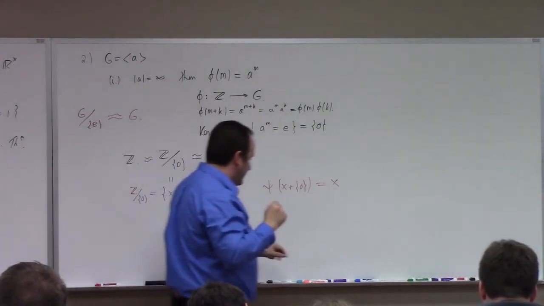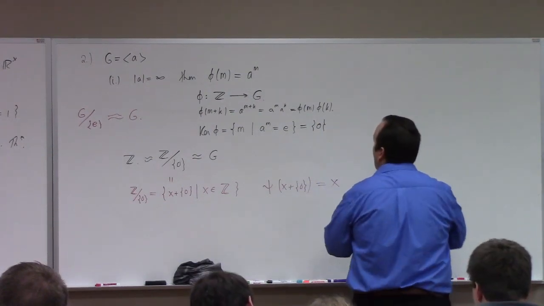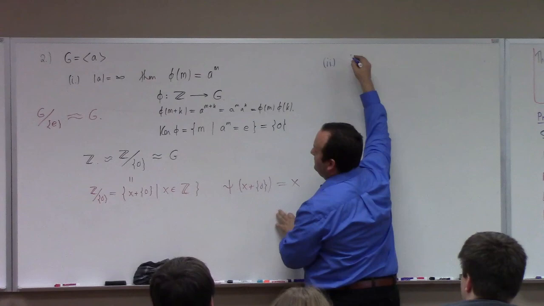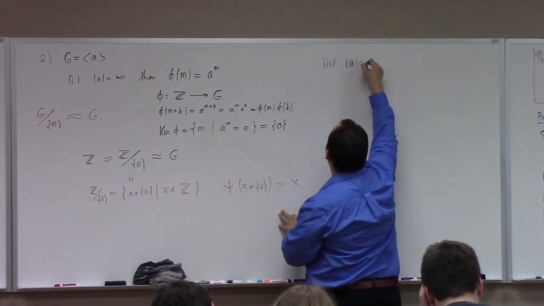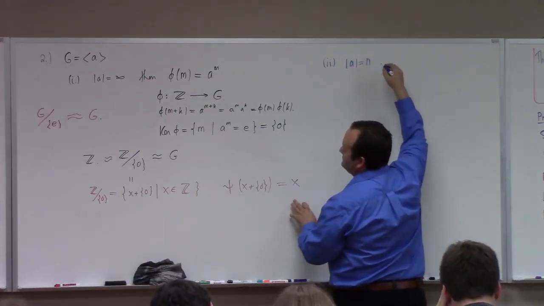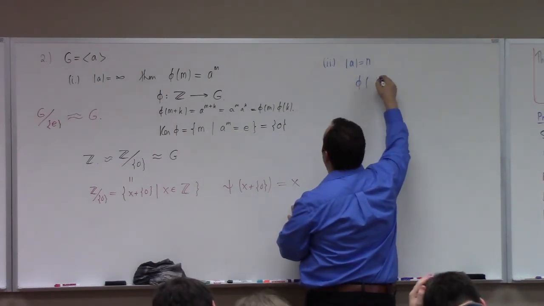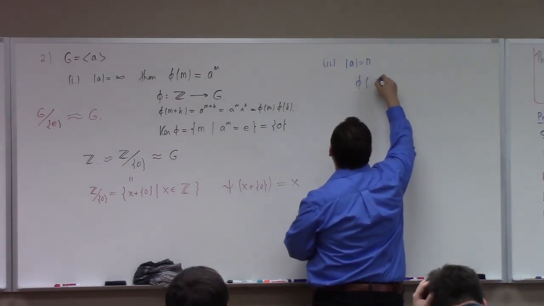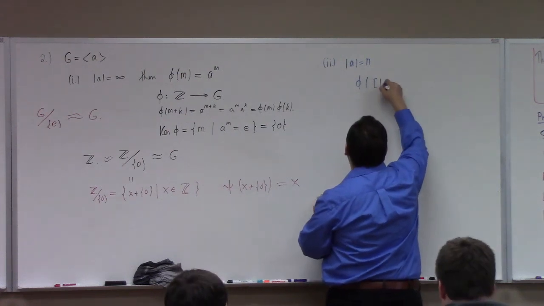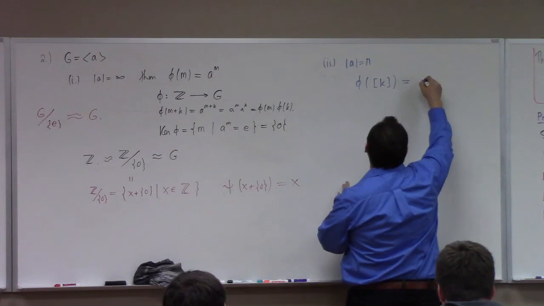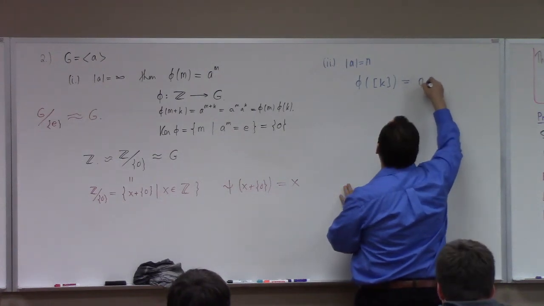Now, what's the other case here for cyclic groups? The other case would be that the order of a is equal to, say, n, right? And so we could say phi of, let's say, I'm going to be really explicit here for just a second, the coset containing k is equal to a to the k.